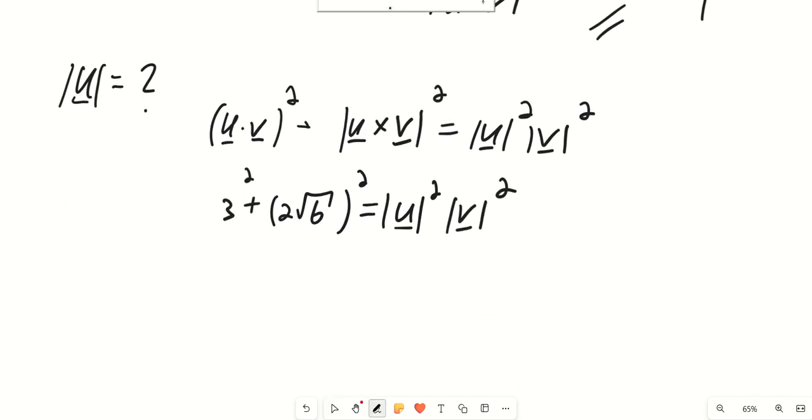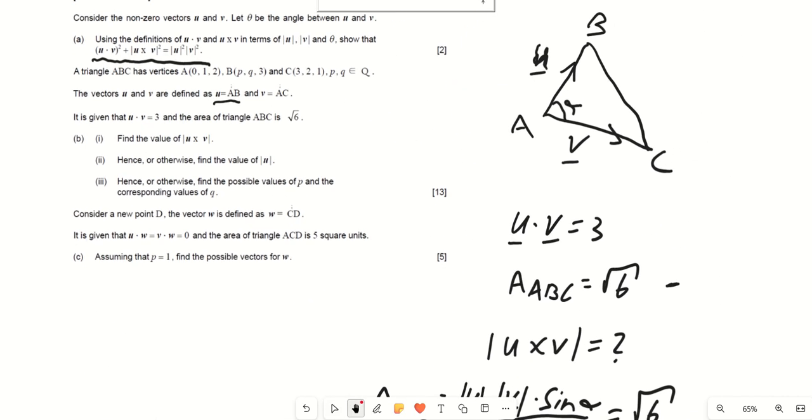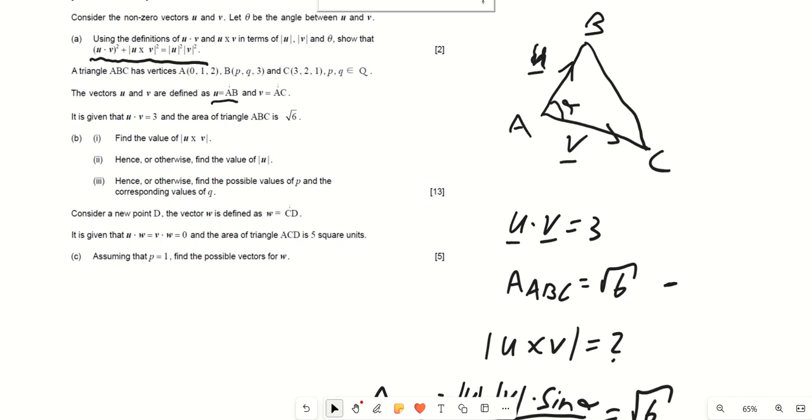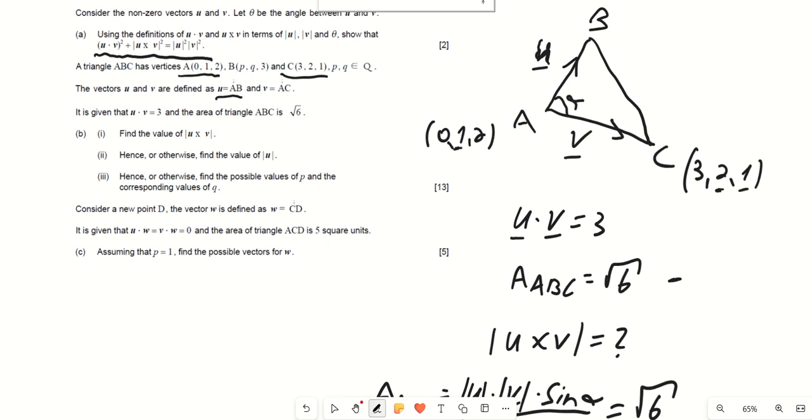But I can also know here the magnitude of V. So V was the vector between the points C, which is 3, 2, 1, and A, which is 0, 1, 2. This was given here. So I can take the distance between the points C and A and calculate the length of V. So it will be 3 squared plus 2 minus 1 squared plus 1 minus 2 squared.